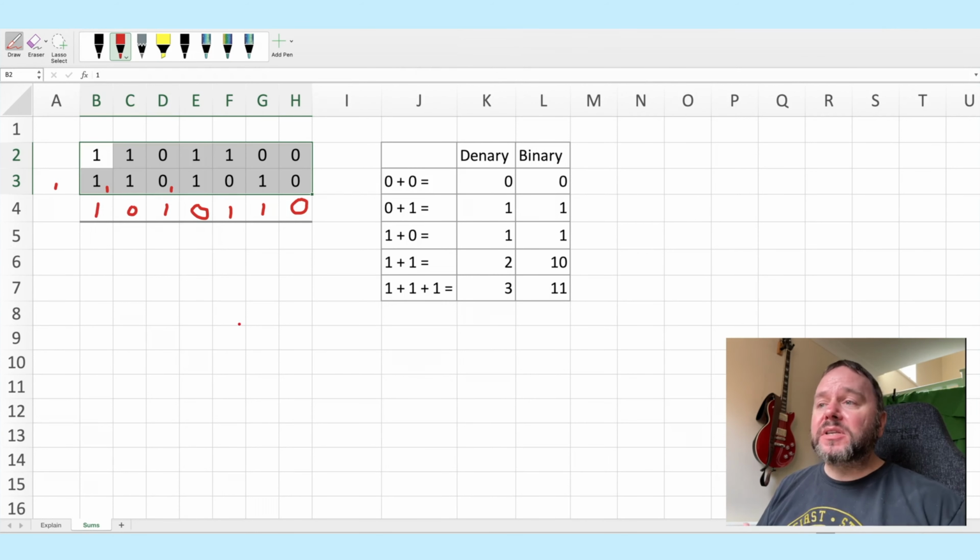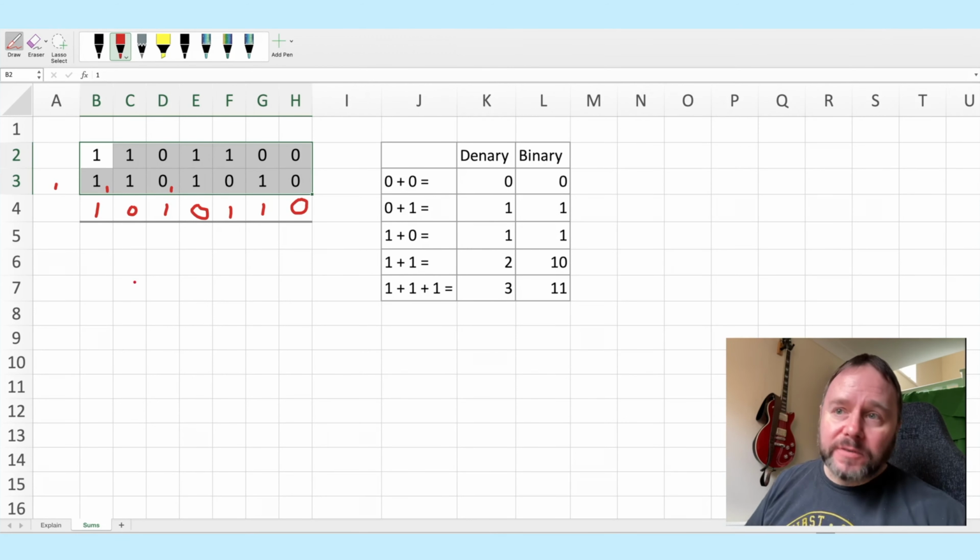That is every scenario that you need to deal with when adding binary numbers. There are two very important things to note here. The first important thing to note is, what do we do with this thing here? This is called an overflow. When you normally add decimal numbers, you would just carry this down and write it down there.